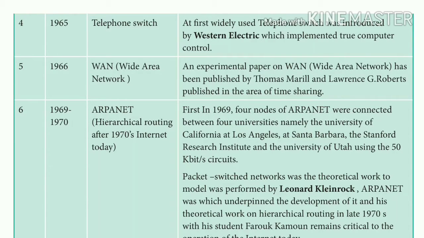Okay, so next is 1969 to 1970s, ARPANET. Okay, so this is hierarchical routing, leading to the internet today. In 1969, four nodes of ARPANET were connected between four universities, namely the University of California at Los Angeles, at Santa Barbara, the Stanford Research Institute, and the University of Utah, using a 50 kilobits per second circuit.